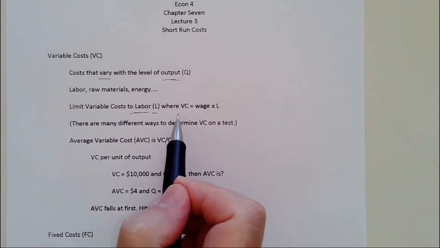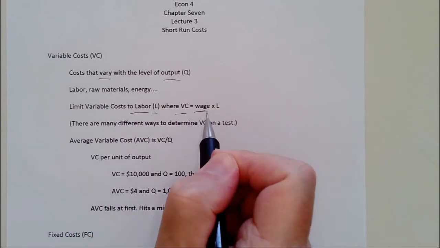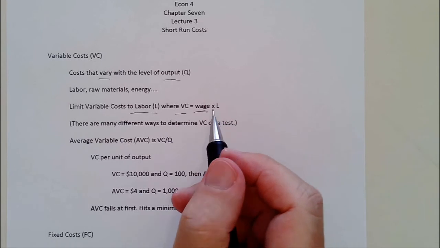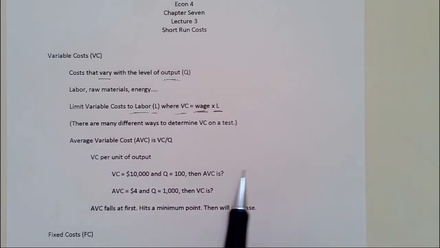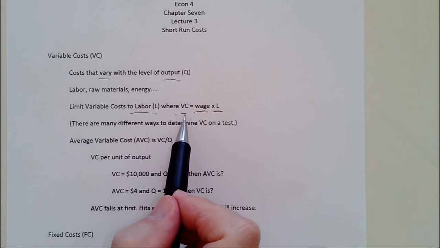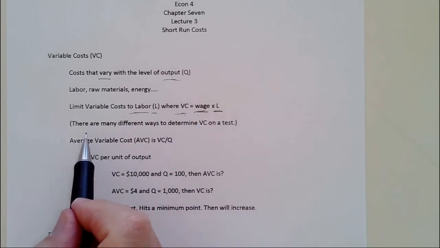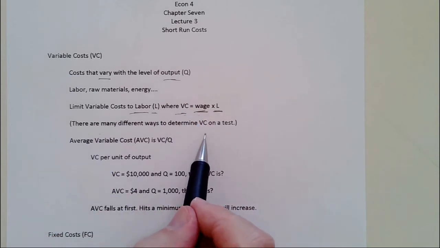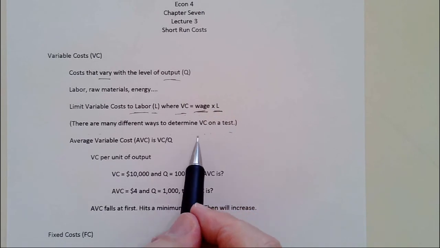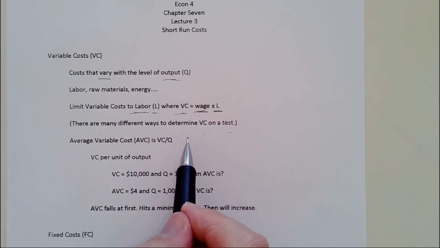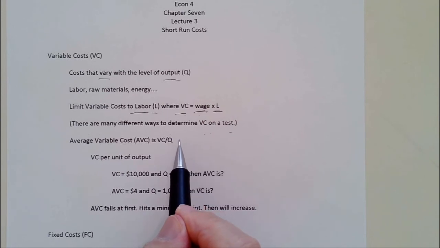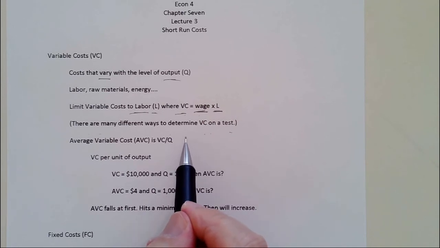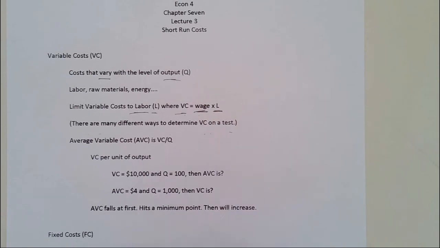And so the variable cost would be the wage, which if it's a competitive market is set by the market, times how many workers we hire, L. Please note that even though I said variable cost is equal to wage times labor, there are many different ways to determine variable cost on a test. We have 7 cost data variables to collect, and if you know many of those, you can also figure out the other ones as well.